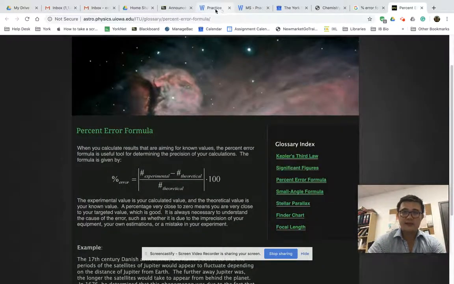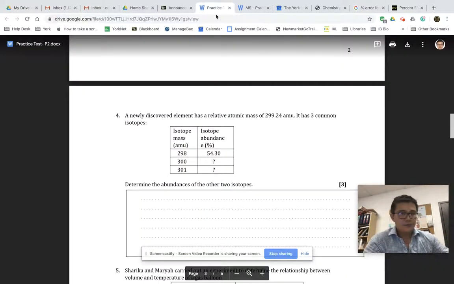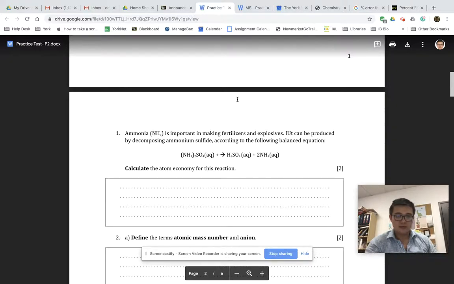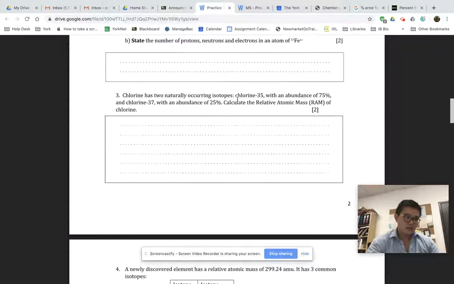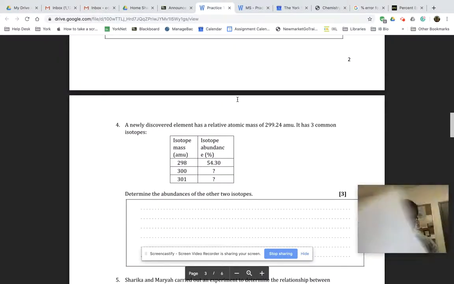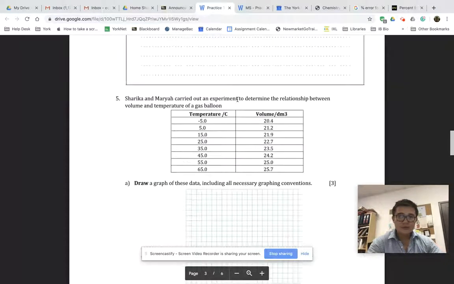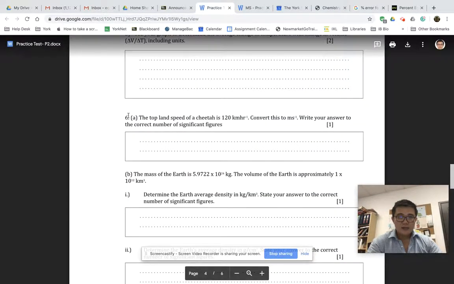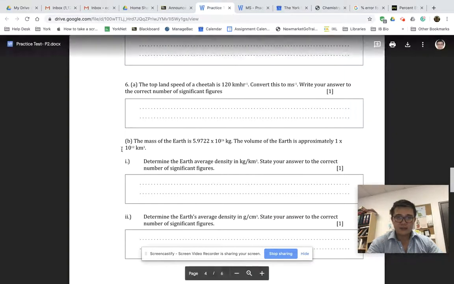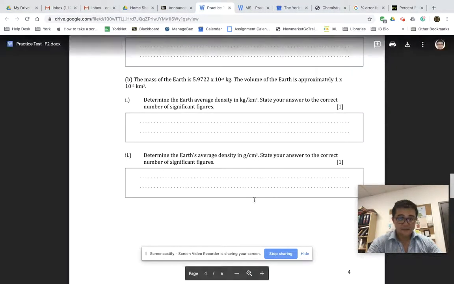Now let's take a look at the practice test and see how many questions are 11.1. Nothing on the first page, nothing on the second page. Starting with number 6, this is a sigfig calculation, sigfig calculation, sigfig calculation.